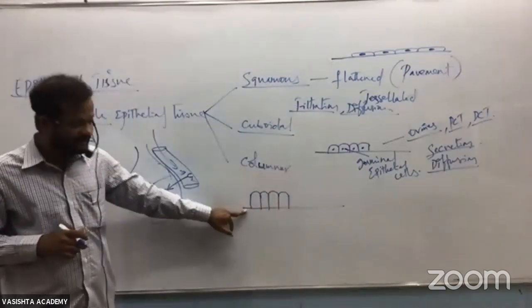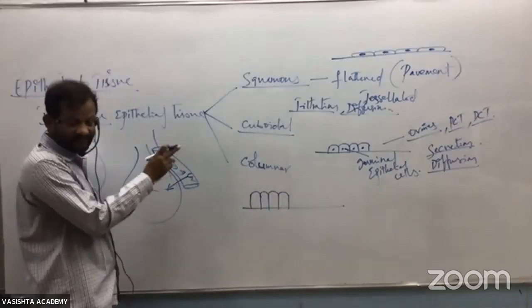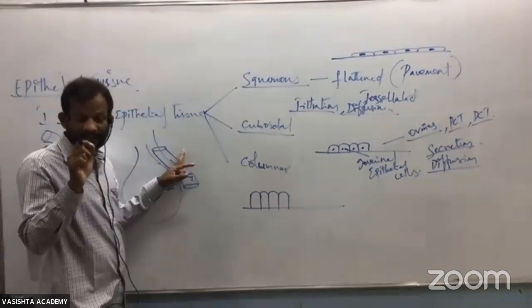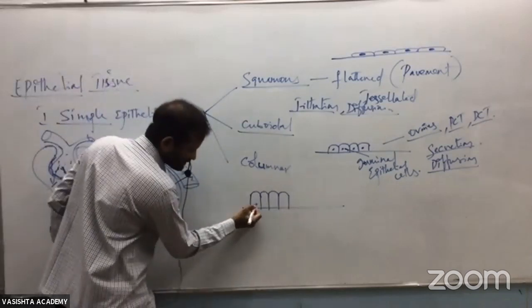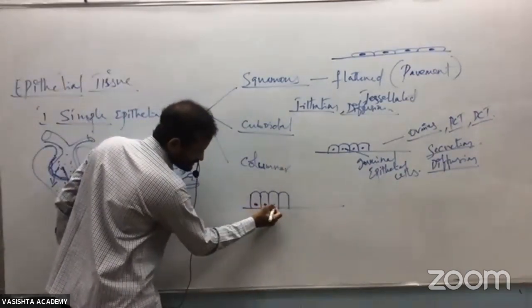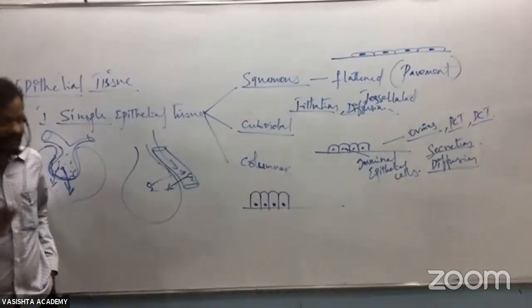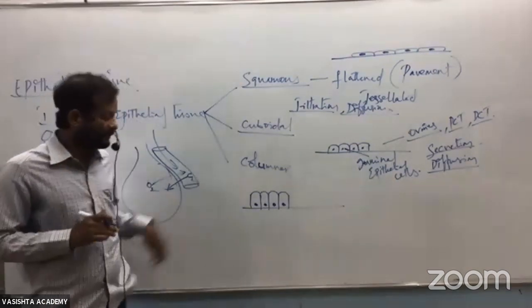And columnar epithelium, cylindrical cells. Here, the difference is the presence of the nucleus. The location of the nucleus is at the base of those cells, not at the center. So the nuclei are present at the base, towards the basement membrane.